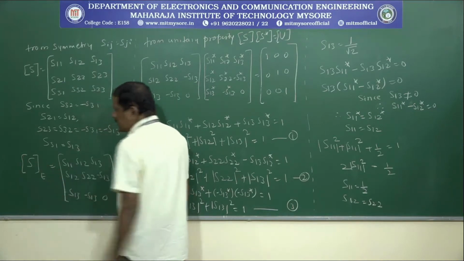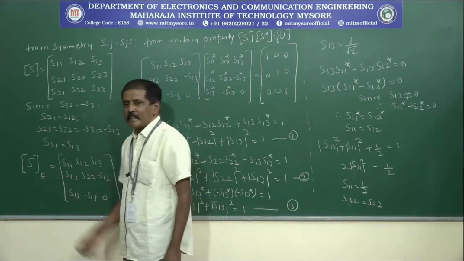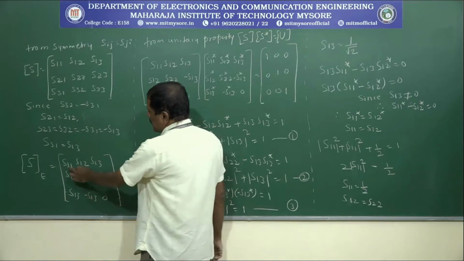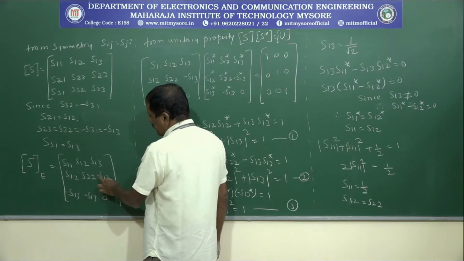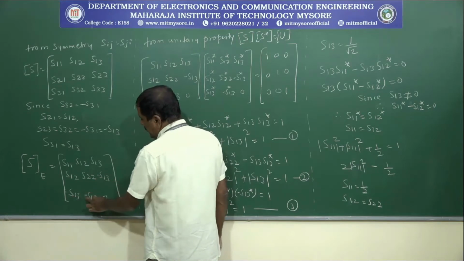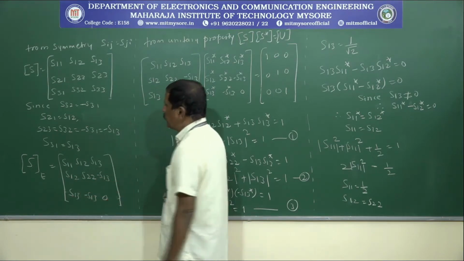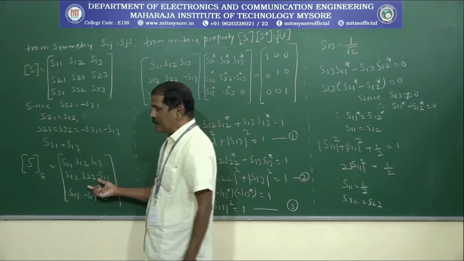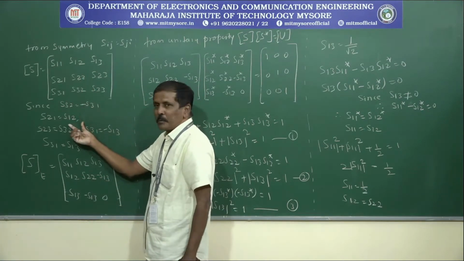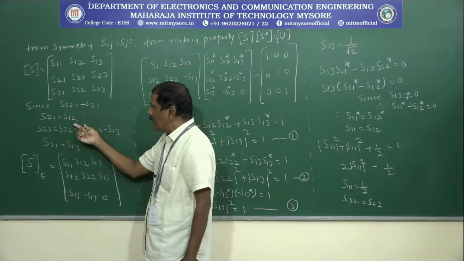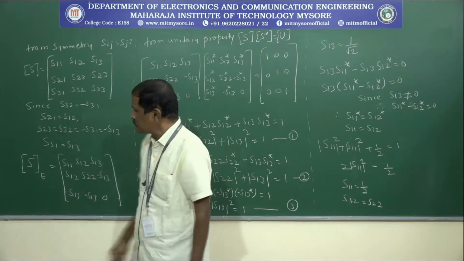now the S matrix for the E-T section is given by S11, S12, S13 and S12, S22 and minus S13 and S13, minus S13 and 0. These matrices we are getting from the earlier matrix by substituting the equivalent values from these equations.